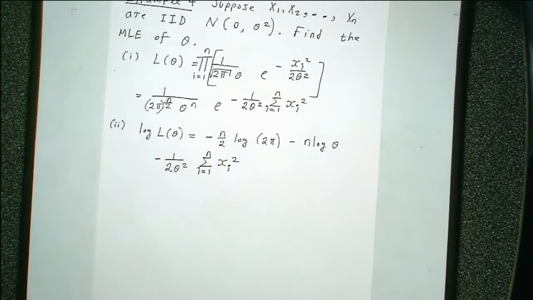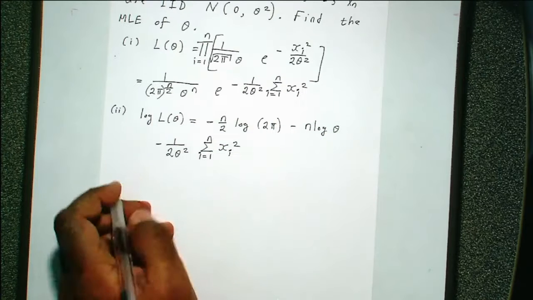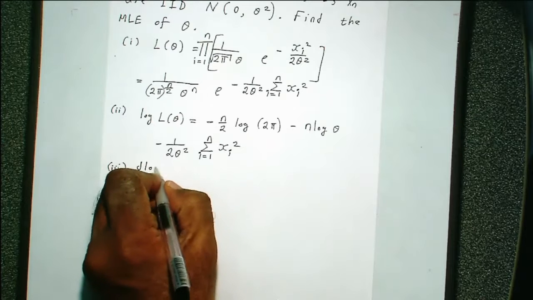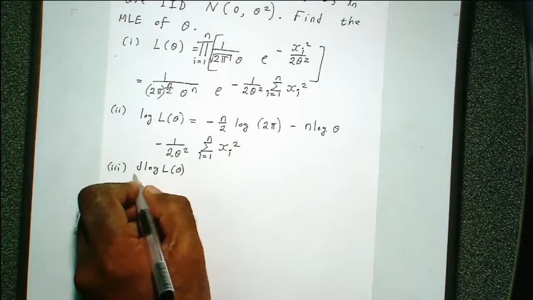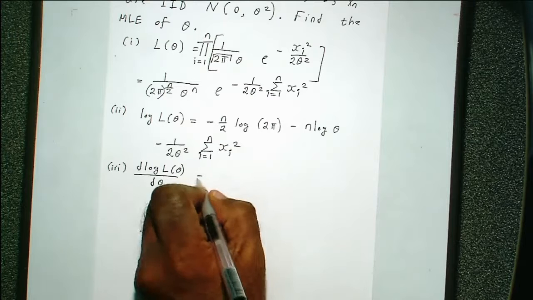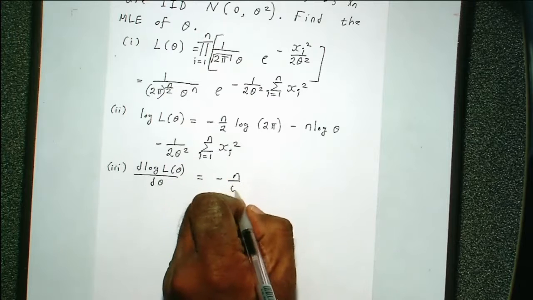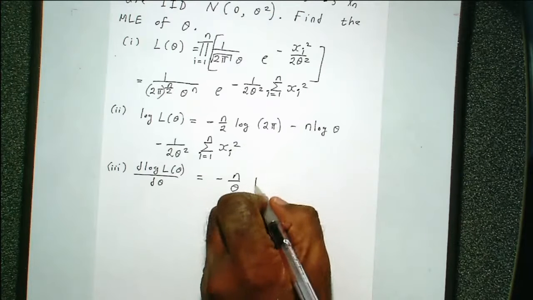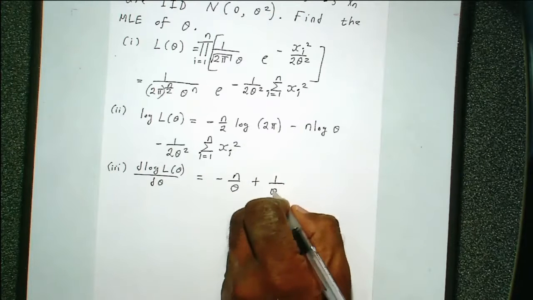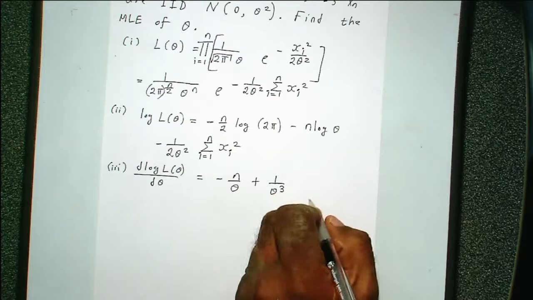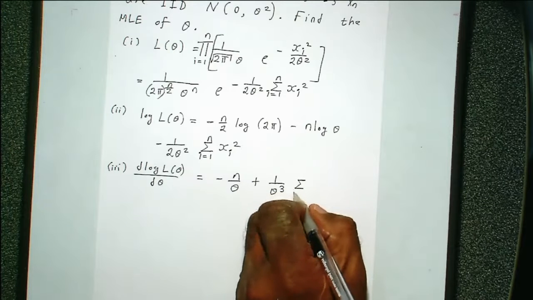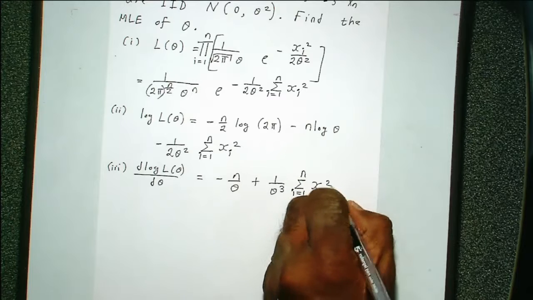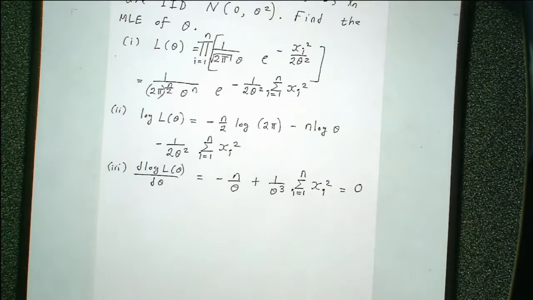Step 3, take the derivative with respect to theta. It's going to be minus n over theta. And the derivative of this with respect to theta is plus 1 over theta cubed. Right, set this to 0.